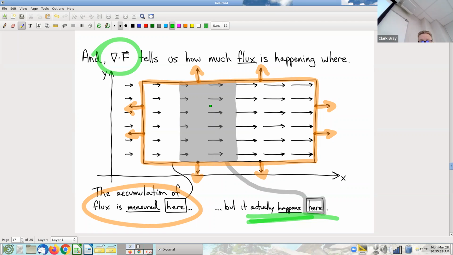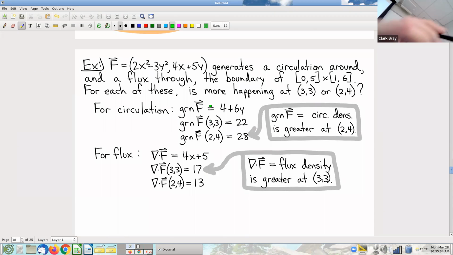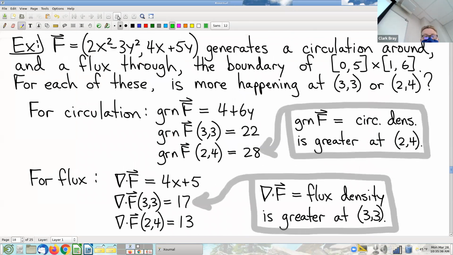Okay, all righty. So let's see this in action. We've got a vector field given, and the question is asking about a circulation and a flux through a certain rectangle.